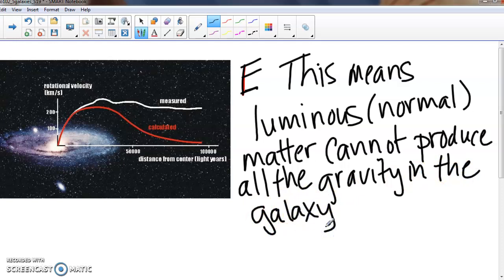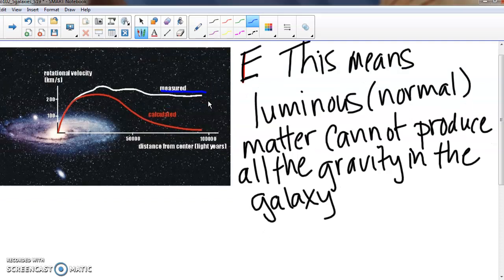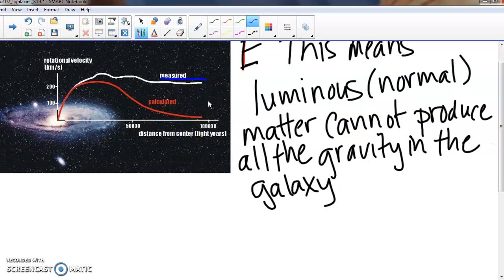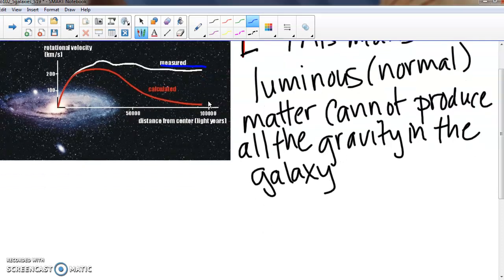Okay, maybe that seems like a bit of a jump, but what we're saying is because this measured rotation curve is flat, there's something else out there, right? Remember, go all the way back to our first point. Our first point was that if you have more mass, you can get a faster speed. Mass and gravity are linked, right? More mass, more gravity. You need mass to get that speed.